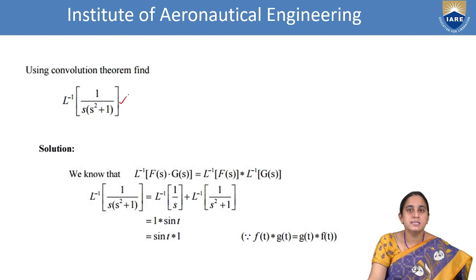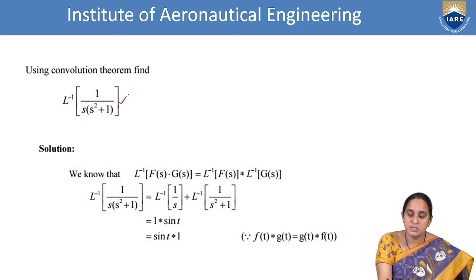One is 1 by s and the another one is 1 by s square plus 1. By using the convolution theorem definition here, Laplace inverse of f of s into g of s is equal to what? Laplace inverse of f of s star Laplace inverse of g of s.